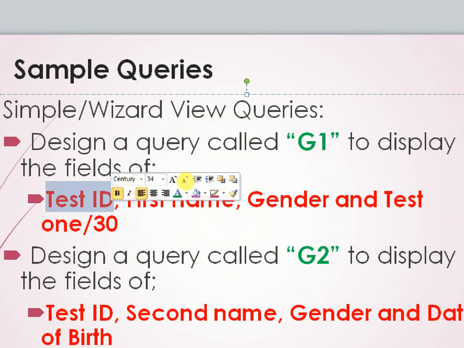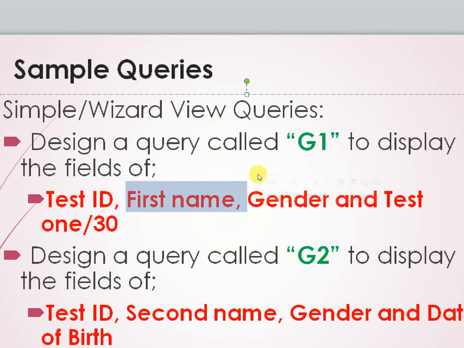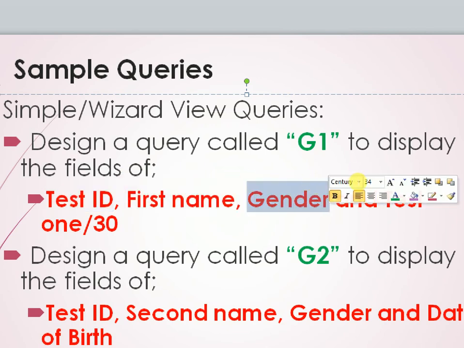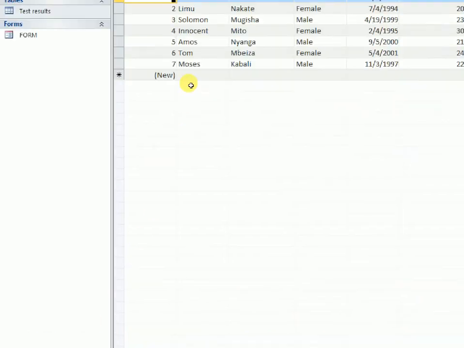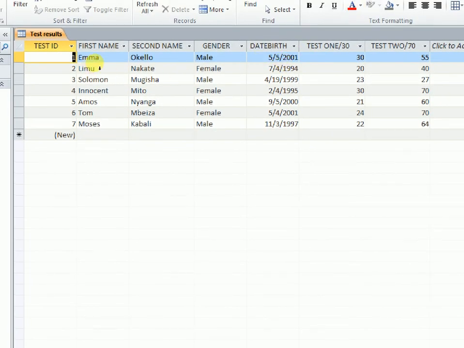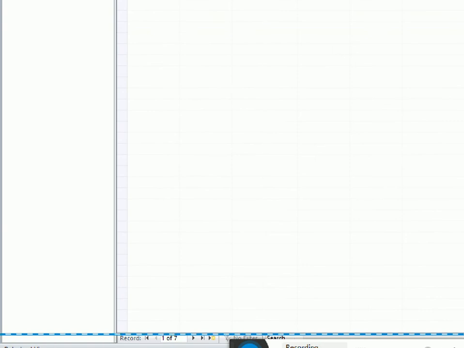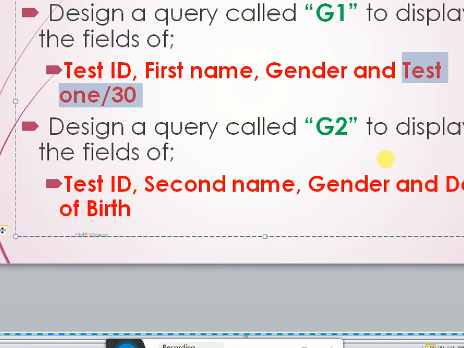So when we come back to our database table, it has 1, 2, 3, 4, 5, 6, 7 fields. Now we're only interested in this field, and the gender field, and test 1 out of 30. So we want to eliminate all the other fields. So how do we do that?